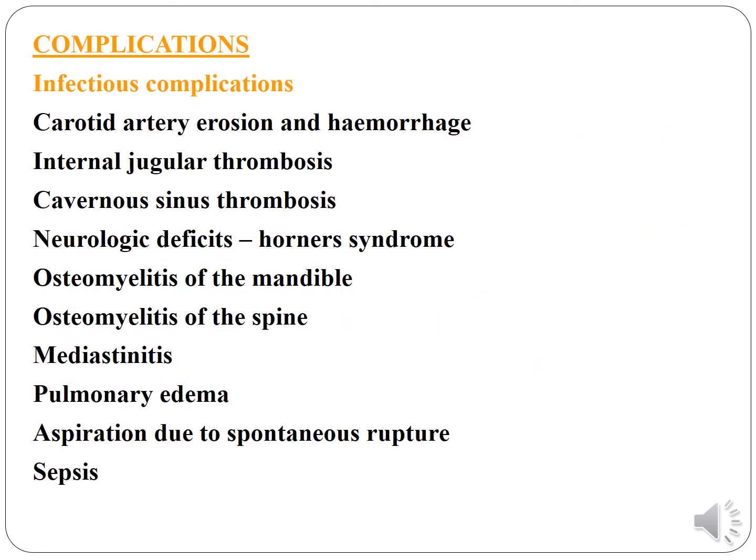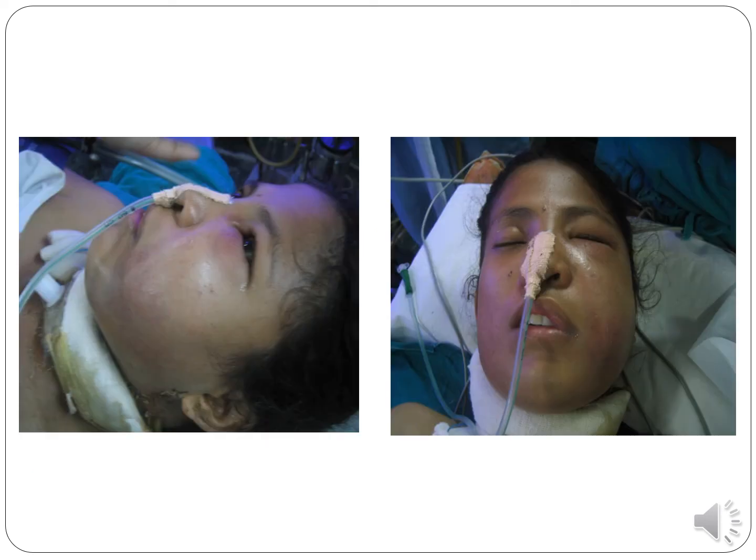Complications. Infectious complications can be carotid artery erosion and hemorrhage, jugular vein thrombosis, cavernous sinus thrombosis, neurological deficit, osteomyelitis of the mandible and spine, mediastinitis, pulmonary edema, and aspiration due to spontaneous rupture. This picture shows that the infection is so severe.